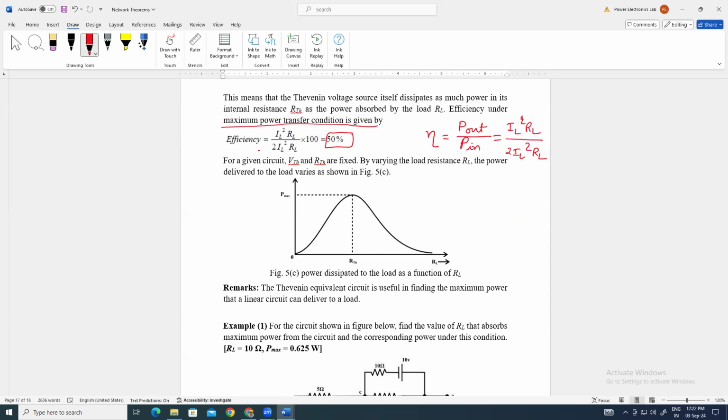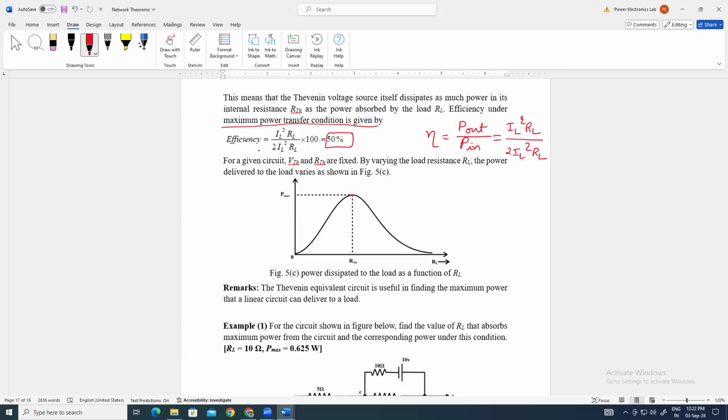Okay. So by varying the load resistor RL, the power delivered to the load varies. So you can see the graph between power and load resistor. Because the load resistor is variable, if you increase the load resistor, power will slowly increase and it will reach the maximum point.